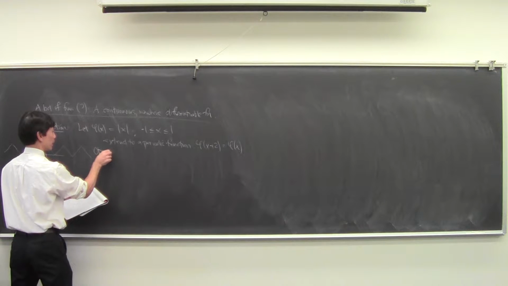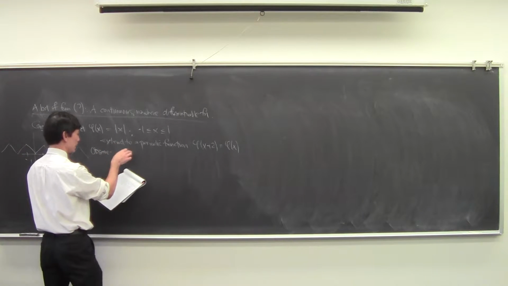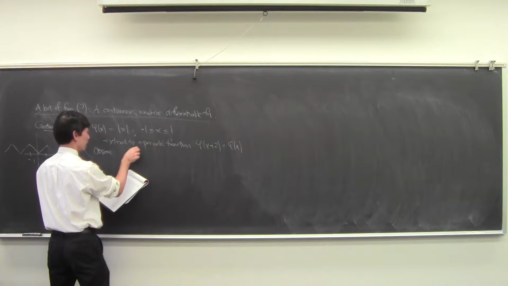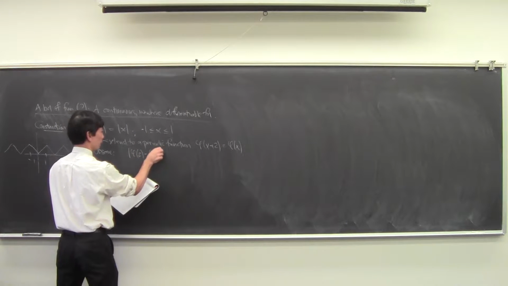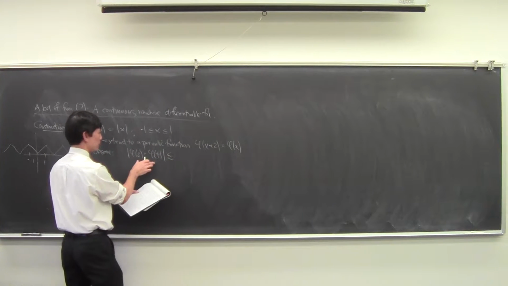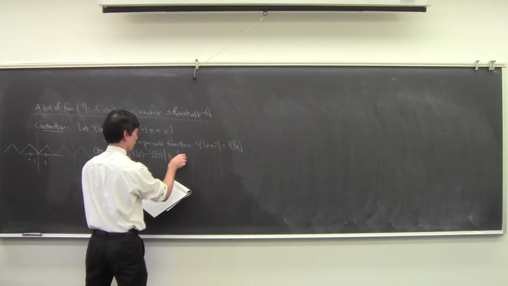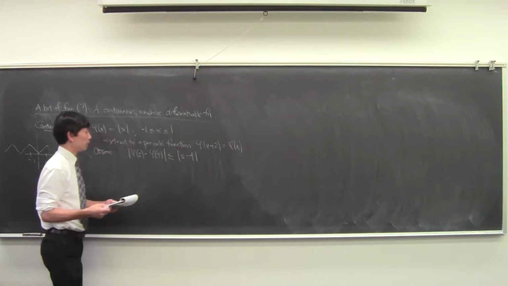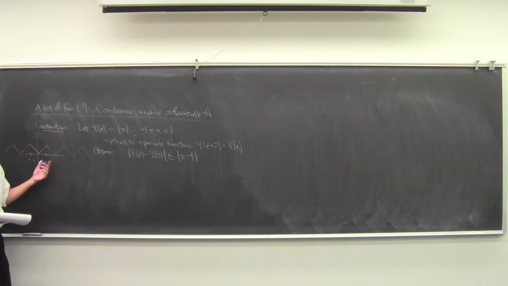At this point, we make an observation. It's easy to see that the difference between the outputs is smaller than the difference in the inputs. It's basically slope 1 here, slope -1 here, and then you just need to worry about what happens in between.